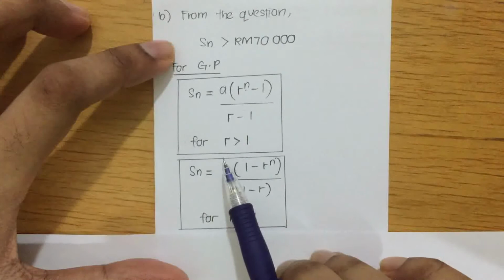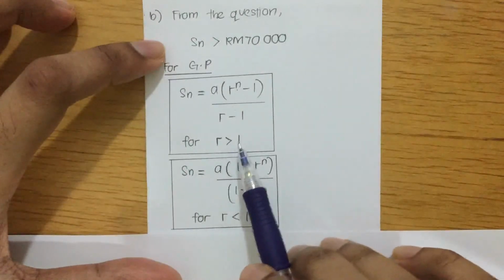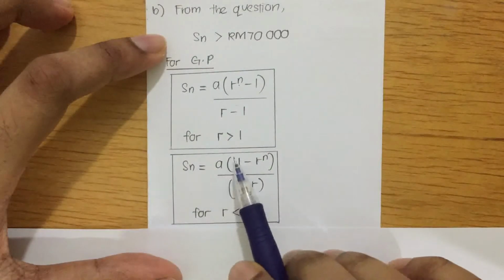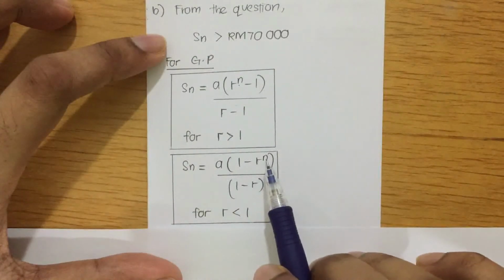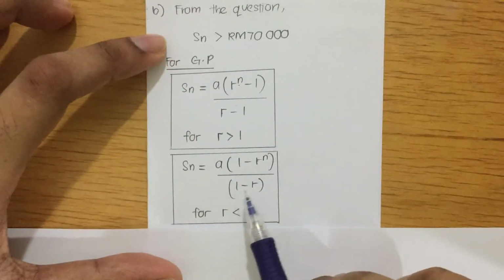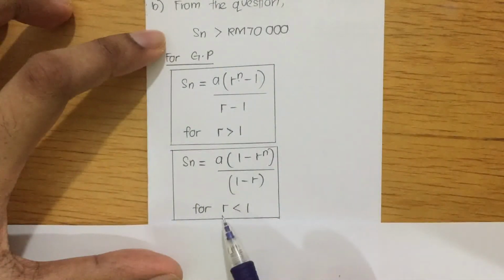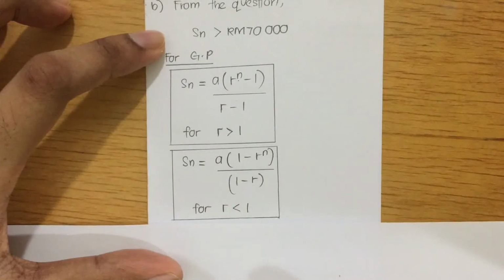This condition is only applicable when your common ratio is more than 1. For the second formula, Sn equals A(1 - r^n) divided by 1 - r. This formula is only applicable when your common ratio is less than 1. Since in the question our common ratio is 0.95, we're going to use this second formula.